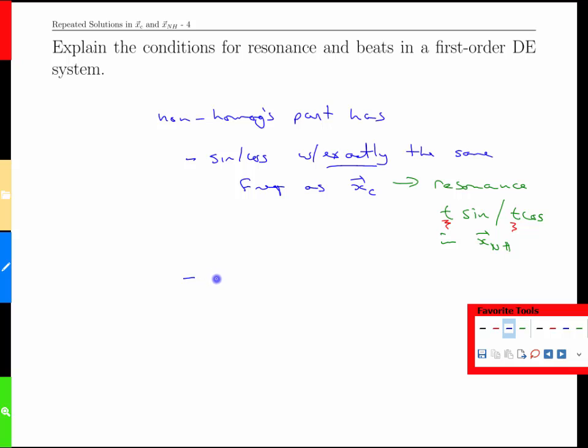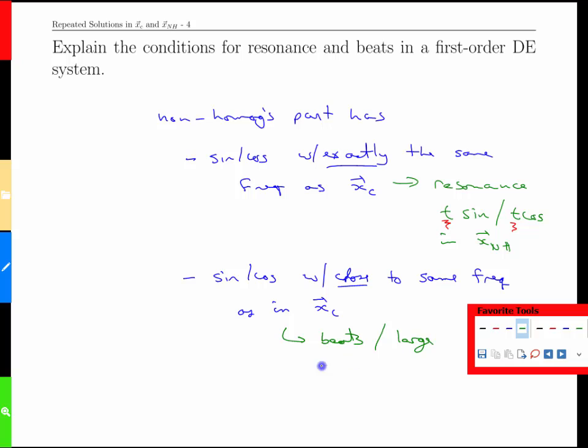If it's merely sine and cos with close to the same frequency as in the corresponding homogeneous solution, then we get what we saw earlier, beats or large amplitude response.